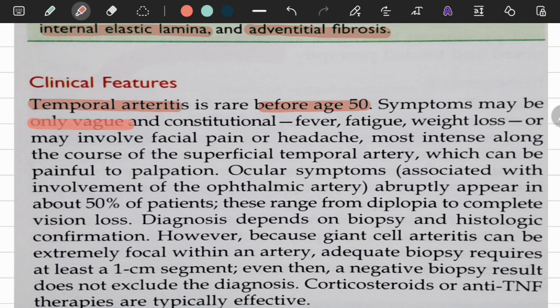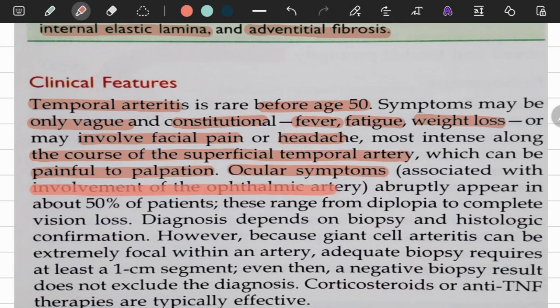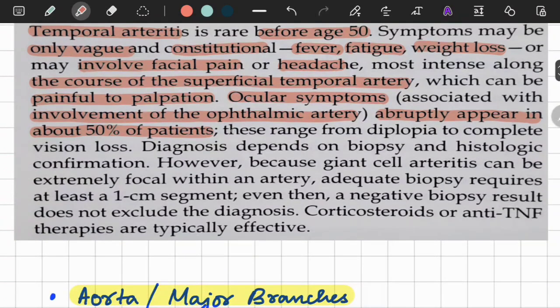Symptoms may be only vague and constitutional, such as fever, fatigue and weight loss, or may involve facial pain or headache, most intense along the course of the superficial temporal artery, which can be painful to palpation. Ocular symptoms associated with involvement of the ophthalmic artery abruptly appear in about 50% of patients. These range from diplopia to complete vision loss.